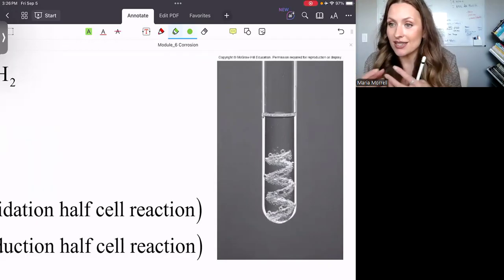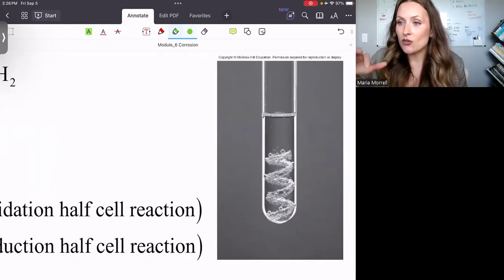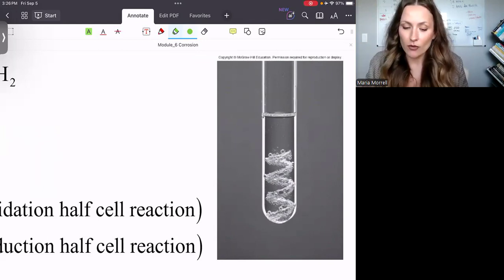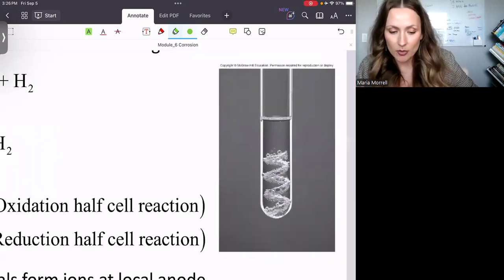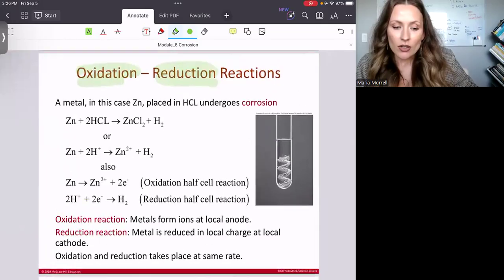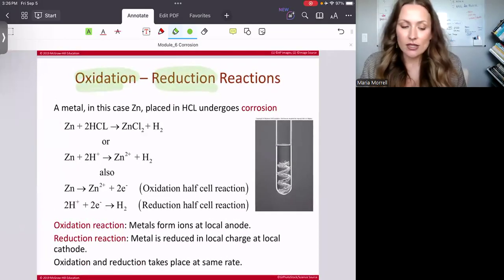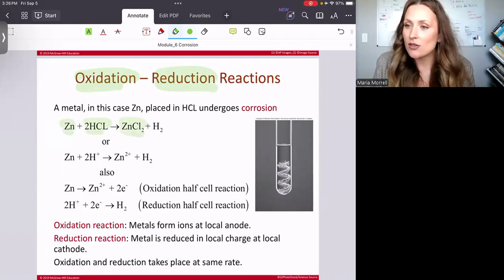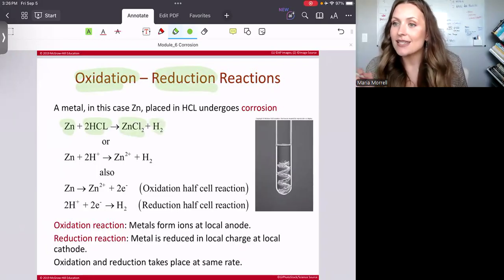The material is just disintegrating and you will see a bunch of bubbling going from the solution upward, right? And that's what the image actually captures. Now, there's a way to write down this equation, and this is going to be your pure zinc plus hydrochloric acid, and you end up with the salt, zinc chloride, and the hydrogen gas that you see as bubbling.